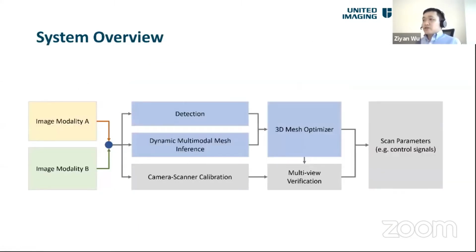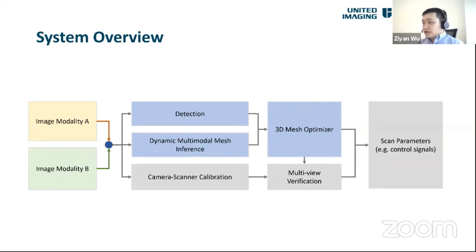This is the overview of the system. As we mentioned, the system takes in multimodality data. Here we are not specifying because it can work with, for example, RGB plus depth data or RGB plus thermal data.